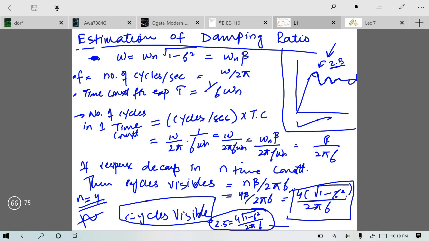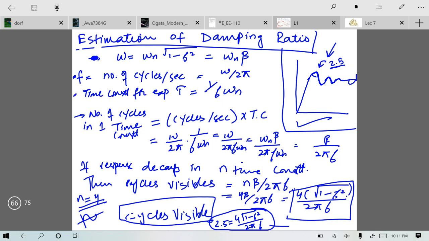From the denominator you will write the characteristic equation of the system. You will then solve the characteristic equation, compare it with the standard equation, and then find the zeta. This is a long process. This long process is bypassed with the help of this simpler equation. Obviously, the value that it will give you will not be a precise value. It will only be an estimation of the damping ratio.